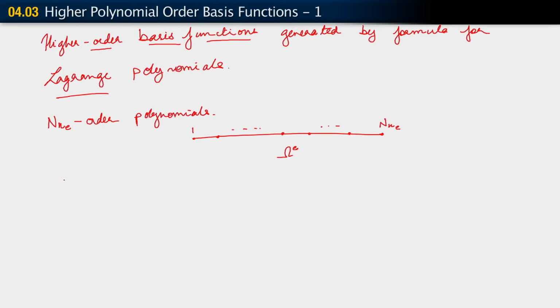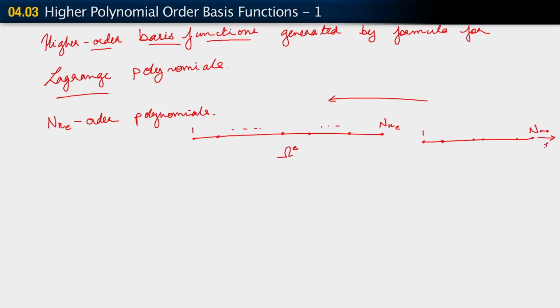In this setting, again we're saying that this element comes to us from a parent domain, where likewise we have the same number of nodes in this parent domain as well. That's node 1, that's node NNE.